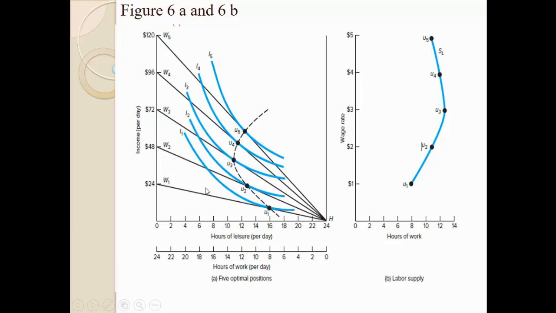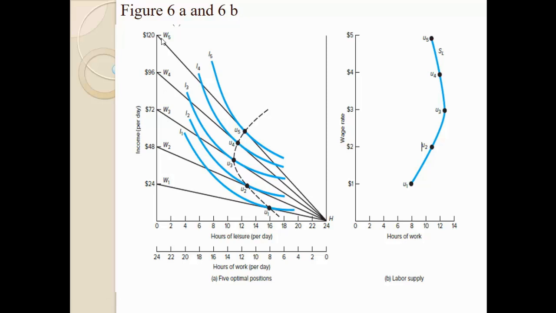So we have different budget lines, W1, W2, W3, W4, W5, and all these budget lines have been derived from different wage rates. W1 is when the wage rate is 1, W2 when the wage rate is 2, W3 when the wage rate is 3, W4 when the wage rate is 4, and when the wage rate is 5, W5 is the budget line.